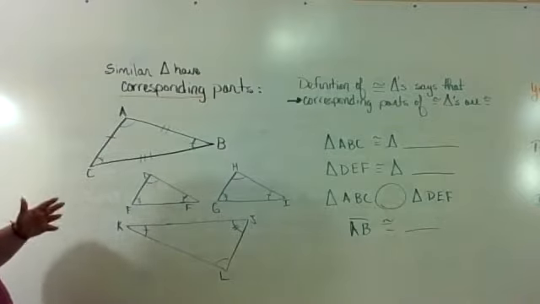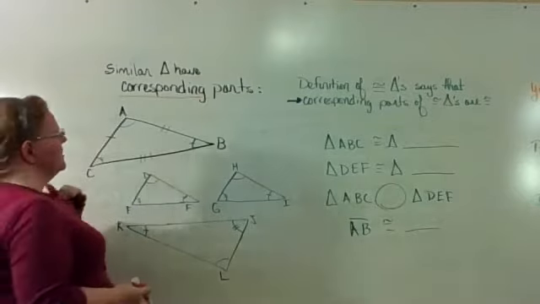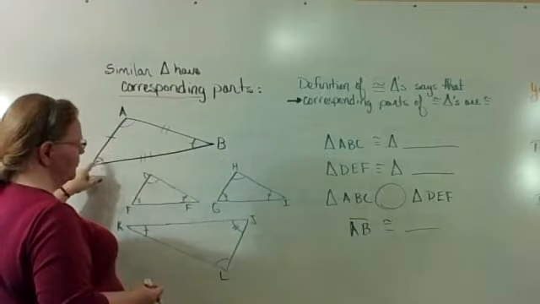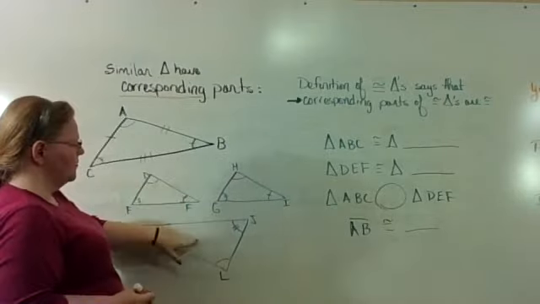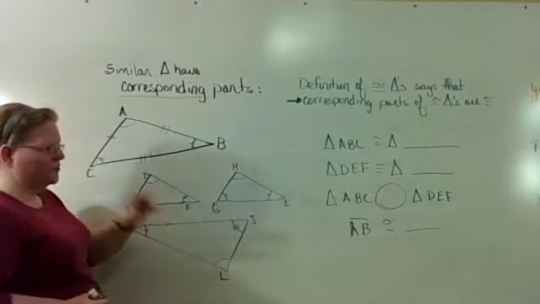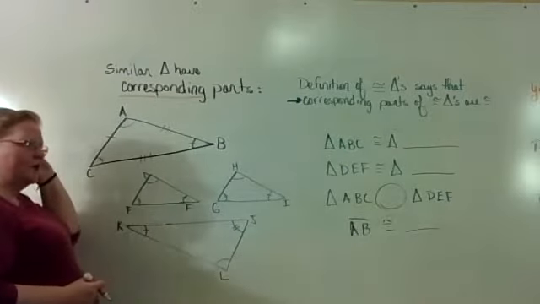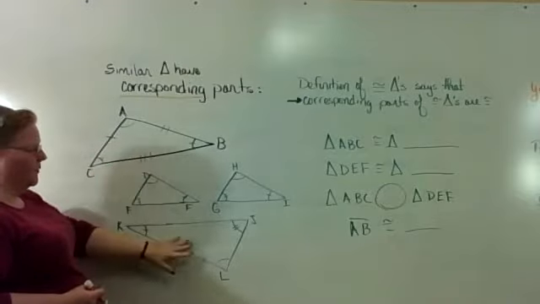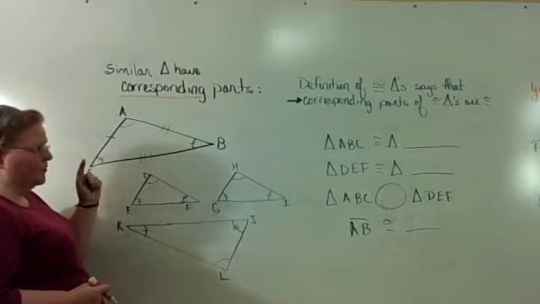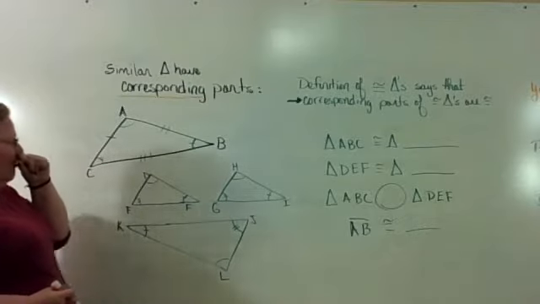So back to what I was saying. Triangle ABC is congruent to, is it going to be one of those two or that one? Well, it must be this one because it's a big triangle with a big triangle. So if it's going to be congruent, we have to have big with big. And if it's going to be congruent, angles have to be lined up.